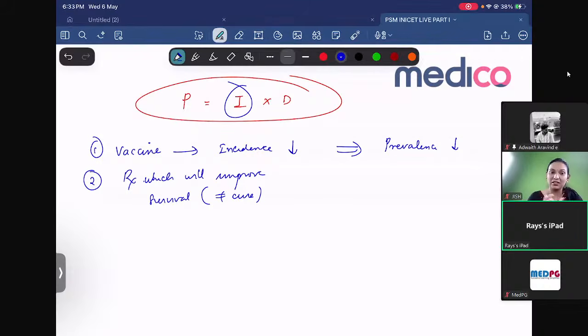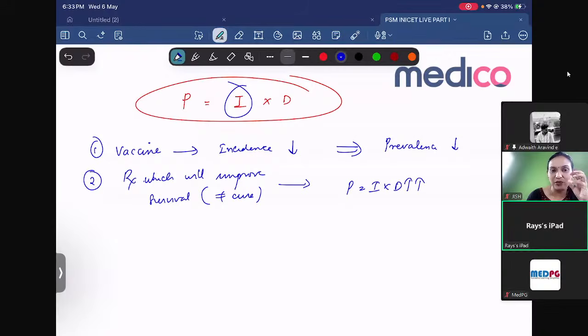They are having a better survival. In such a case, when there is a new drug which will improve the survival, which will increase the longevity of life of the patients, but it is not going to cure the disease, what happens to the prevalence? See, in this case, your incidence is not going to change, because we are not targeting the new cases. The drug is going to treat people who already have the disease. But here, you remember P equal to I into D. In such a case, the duration is increasing, right?